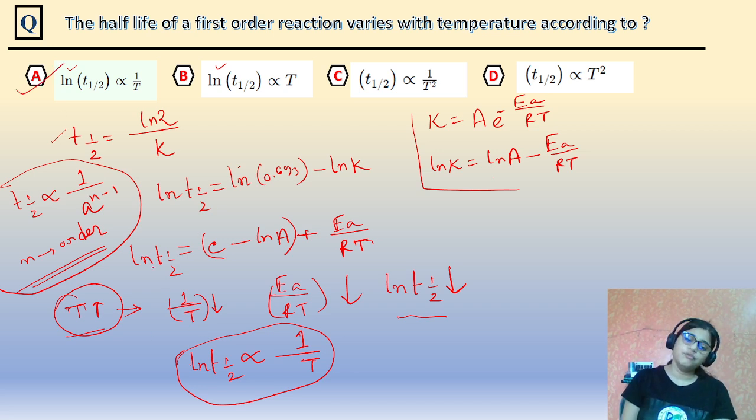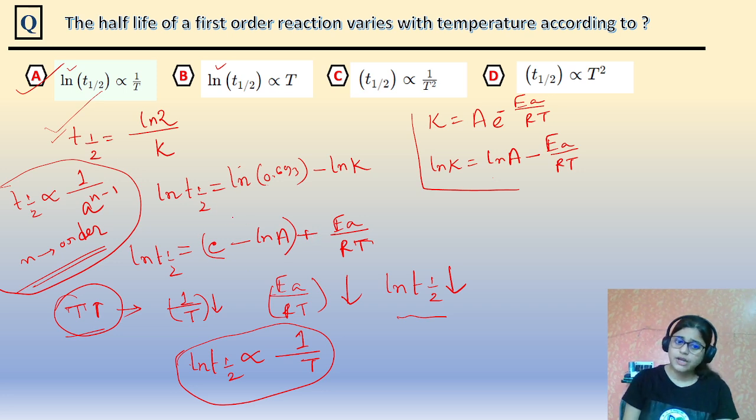So how did we get it? We know t half is this. We took ln on both sides. This is constant, and we put the value of ln K from the Arrhenius equation. This was a negative sign, it will now be positive.